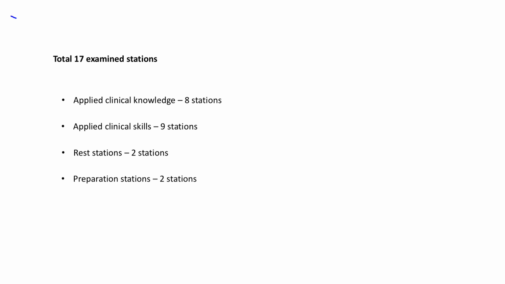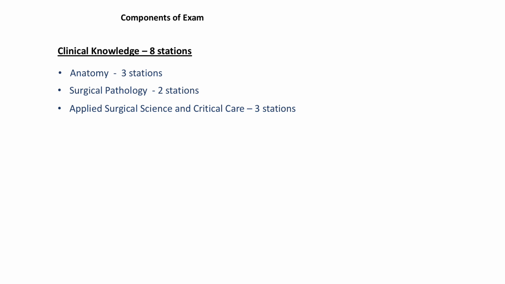There are 17 total examined stations: as we have discussed, 8 clinical knowledge stations and 9 clinical skill stations, and there are 2 rest stations. In these stations you just wait for 9 minutes, and nothing is assessed. And there are 2 preparation stations, which we'll discuss later on. So this is a brief summary of what we have discussed up to now.